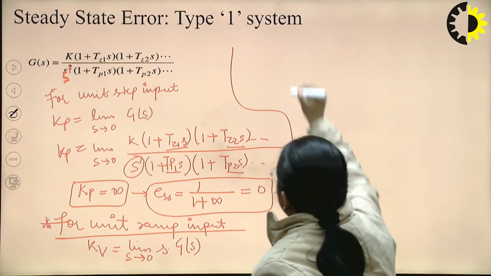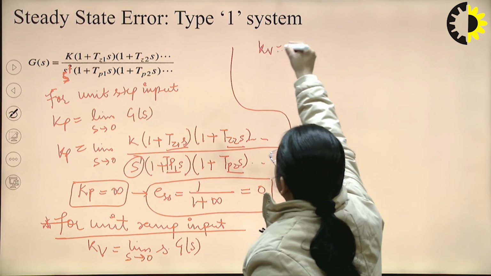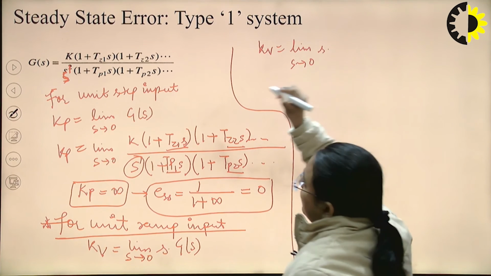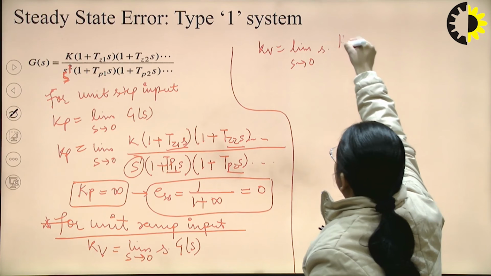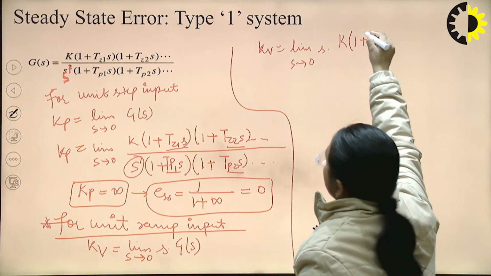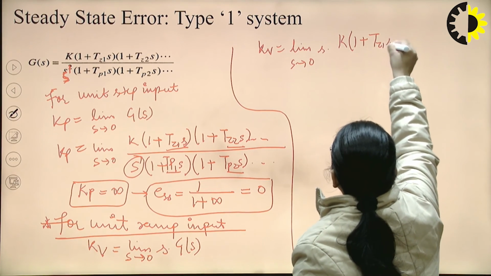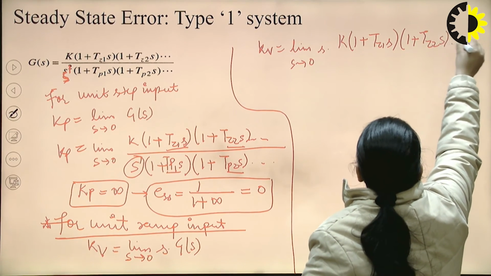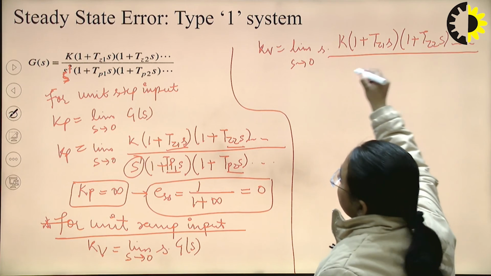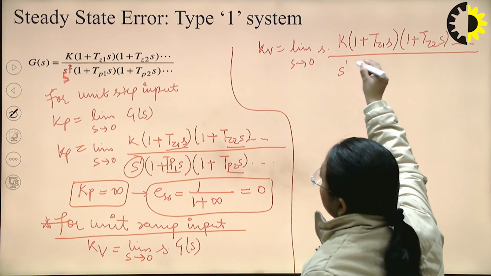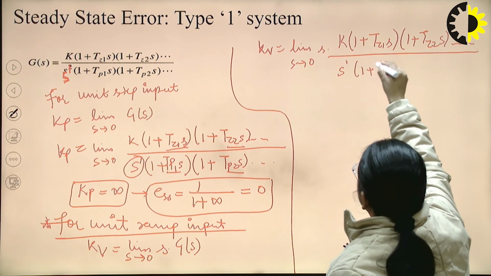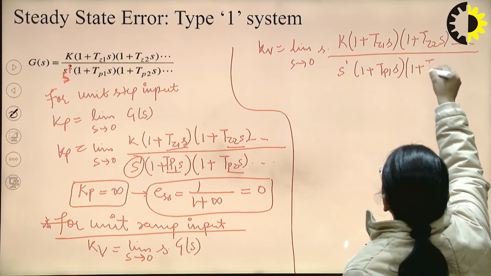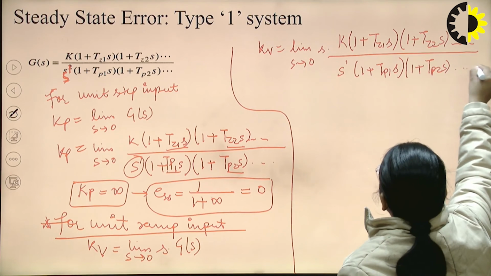So while putting the value, Kv will be equal to limit s tends to 0 of s into K(1+Tz1 s)(1+Tz2 s) and so on, upon s raised to the power 1 into (1+Tp1 s)(1+Tp2 s) and so on.